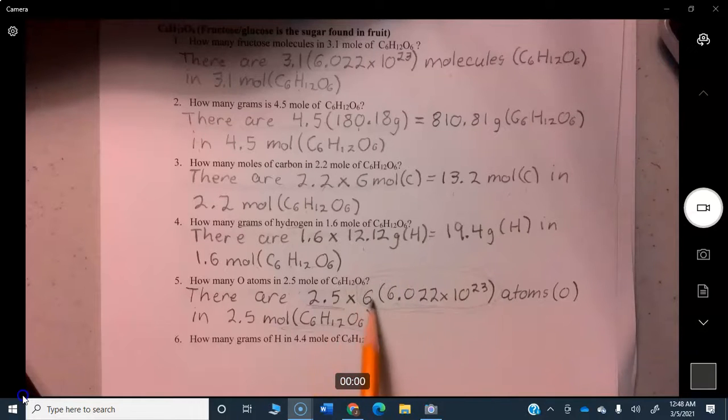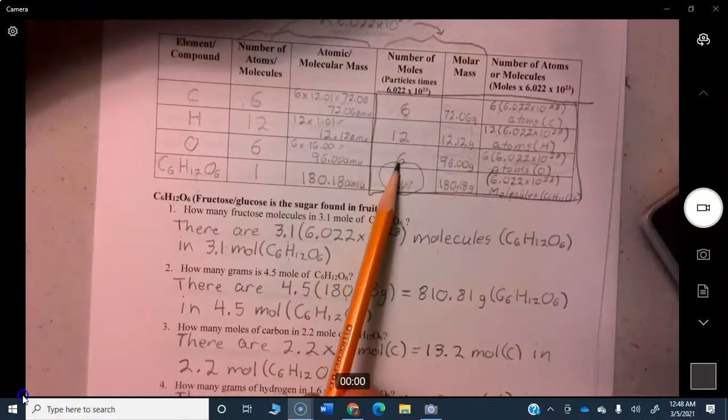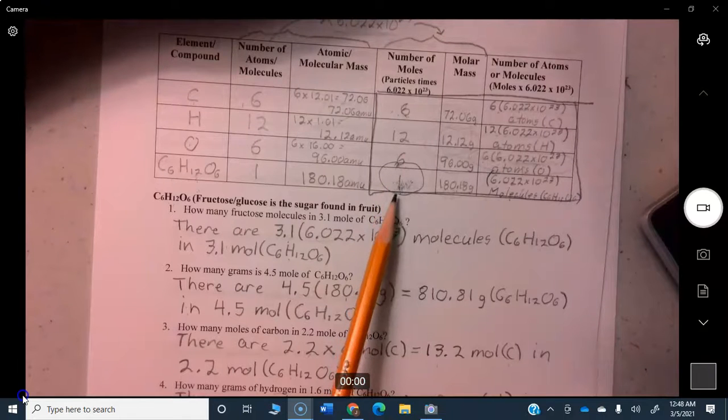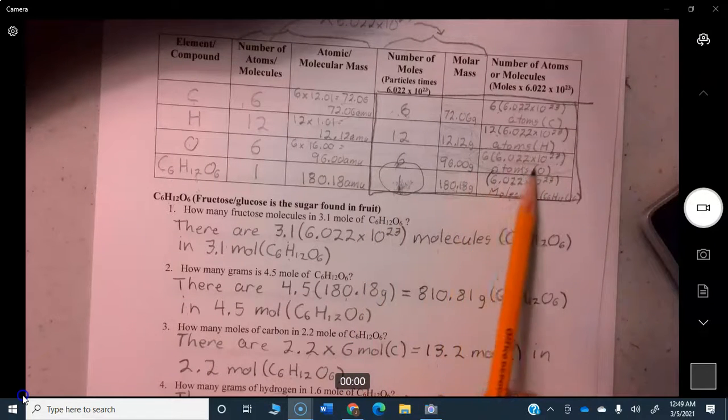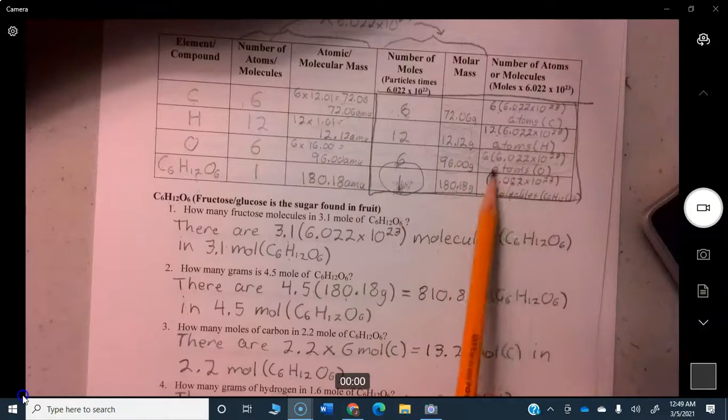There's a mole times 6, so there's 6 times as many moles of oxygen as there are moles of sucrose. If we multiply that by 2.5, then you've got to multiply the atoms of oxygen by 2.5, and that's how many atoms of oxygen are in 1 mole. So that times 2.5.